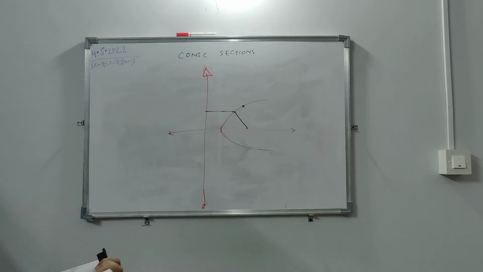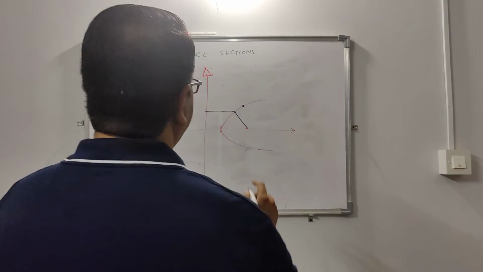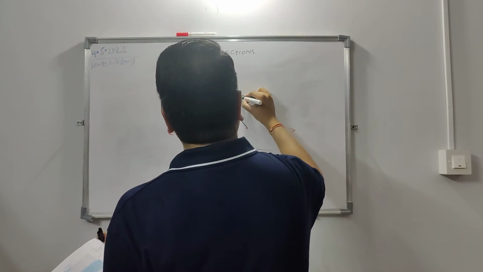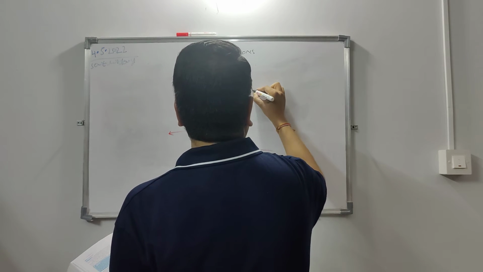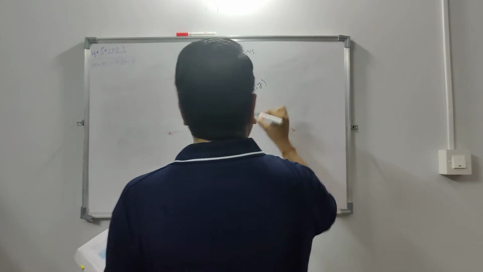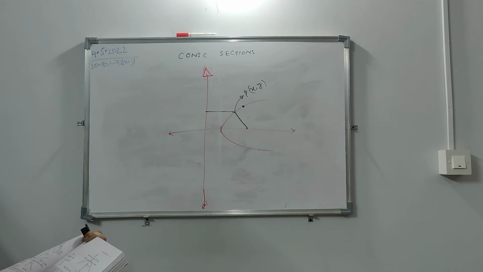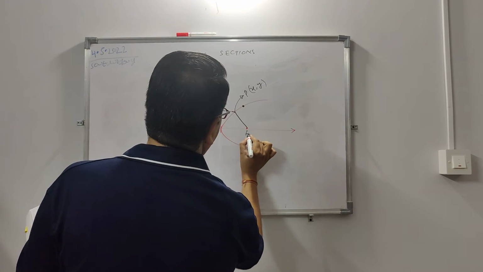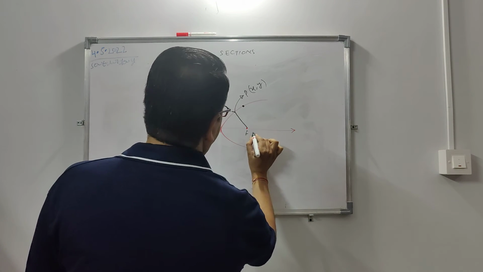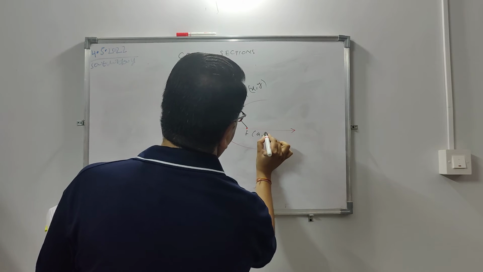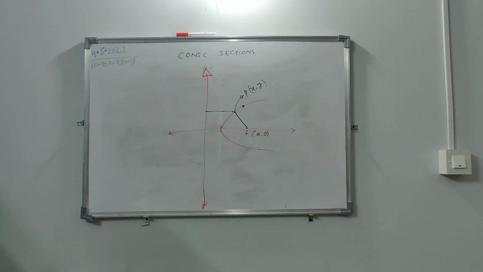Any point on the parabola will be point P with coordinates x and y. Let us say this is my focus whose coordinate is a, 0, because it is on the x-axis, so the y coordinate is 0.